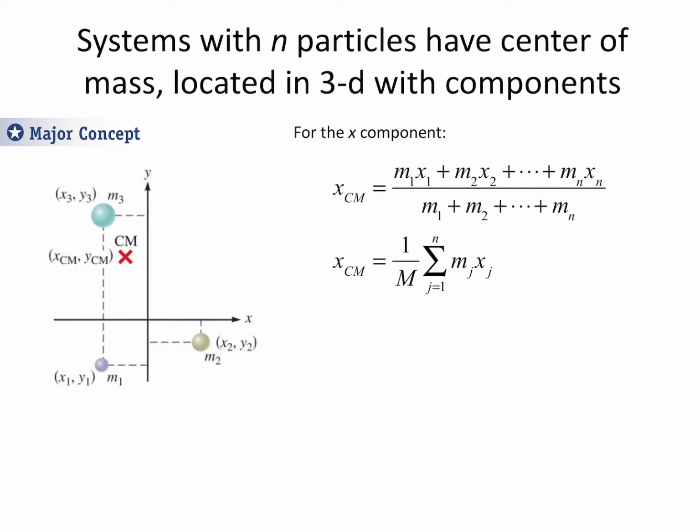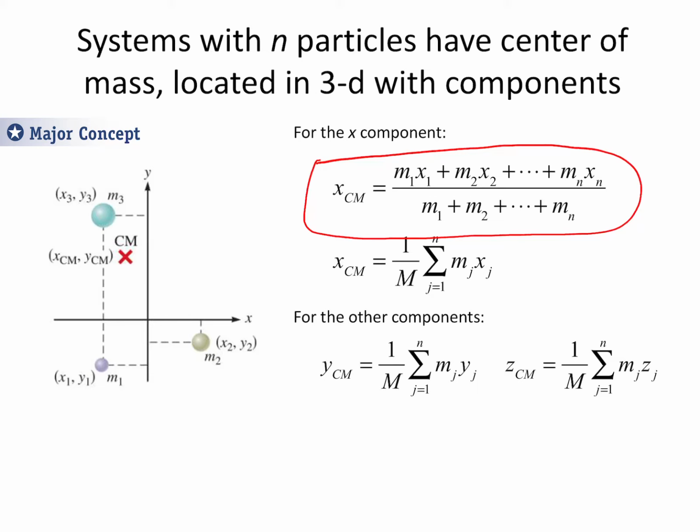Now, if you have more than two objects, this equation gives you the center of mass location of the system in the x direction, and you can generalize it to the y direction and z direction. You always use the total mass, m1 times the x coordinate of m1, m2 times the x coordinate of m2, and so on.